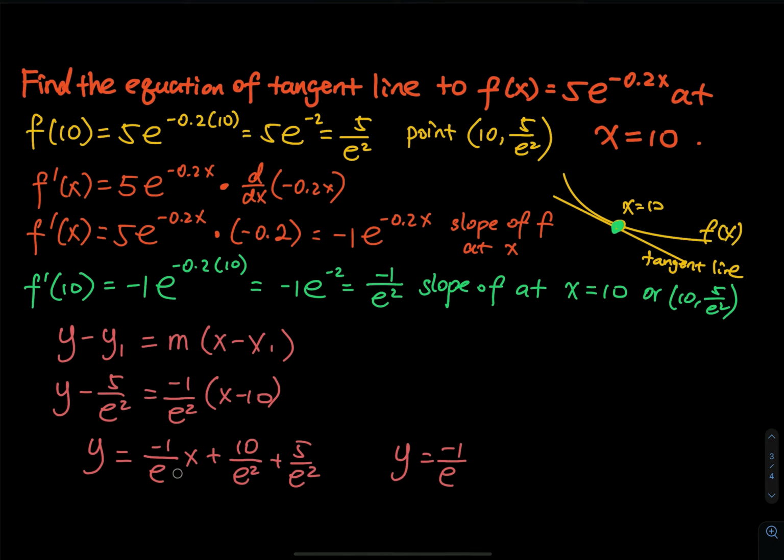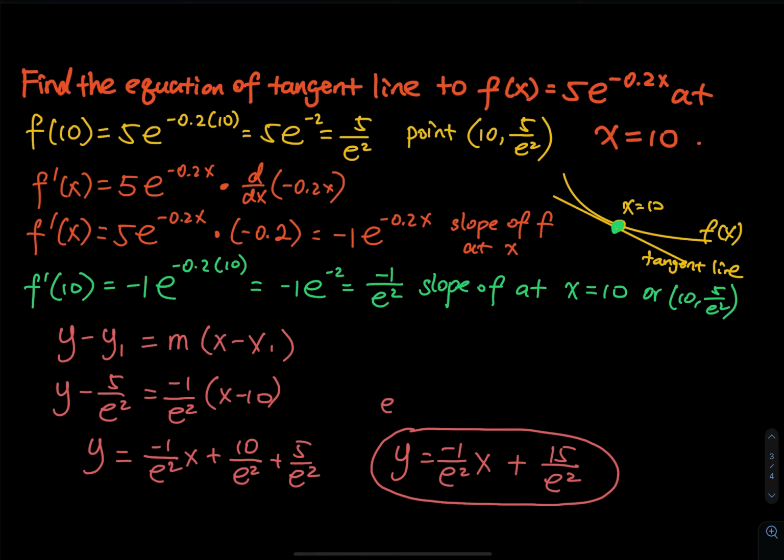This is supposed to be e squared, x, and then plus the constant term over e squared. The slope is negative 1 over e squared, which is negative, and then this is the y coordinate of the y-intercept. So when x equals 0, y equals that value, that is the y-intercept. And then this is the equation of the tangent line.